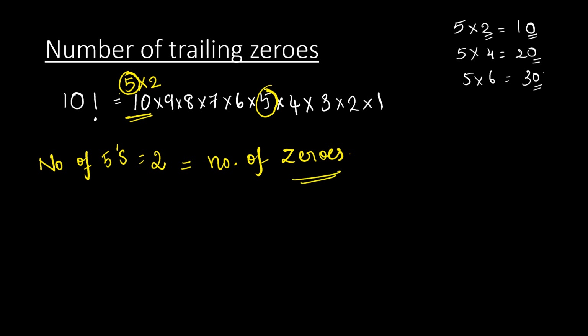Therefore, to find the number of zeros at the end of any factorial number, we have to find the number of 5s in that factorial. Now we have a shortcut method to find the number of zeros at the end of any factorial number.